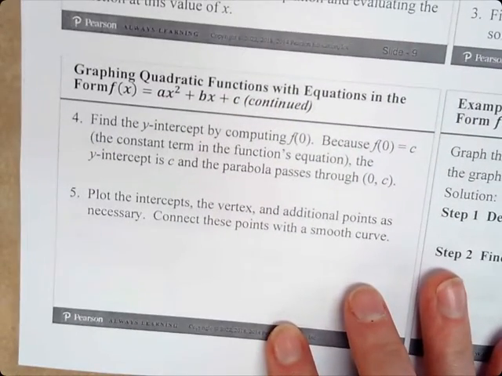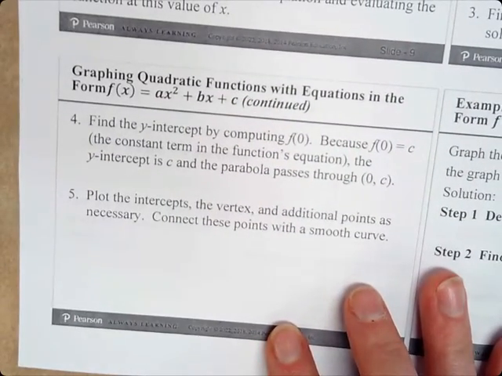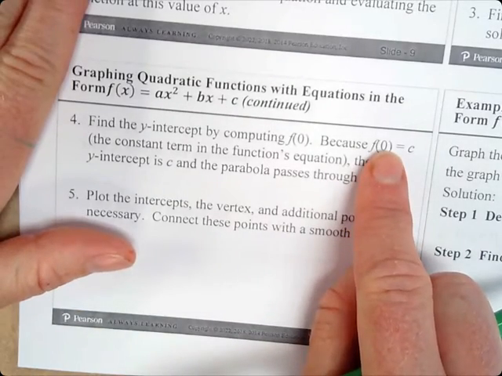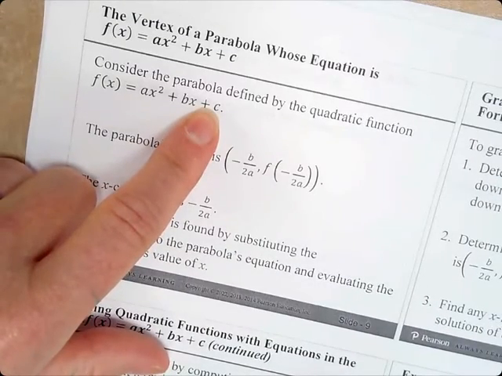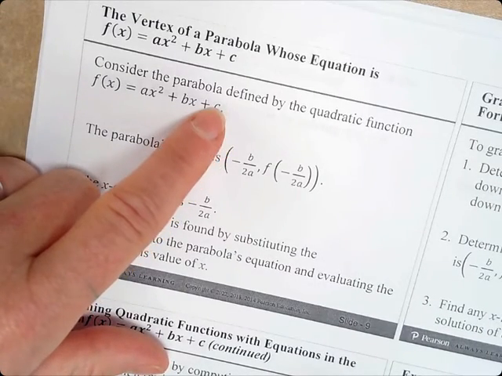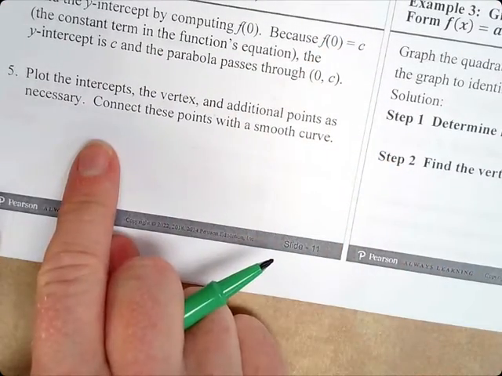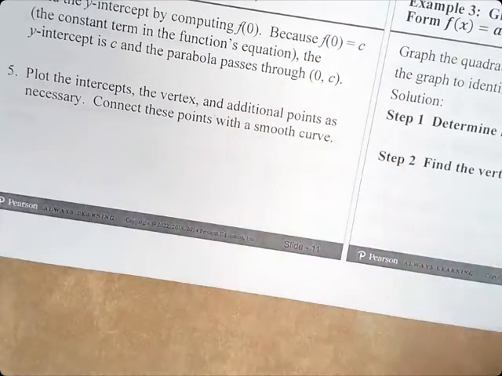And then we will also find the y-intercept by plugging in 0 for the x value. Whenever you do that, all you're left with is that c value. So this is your y-intercept. And then we'll plot them, connect points.